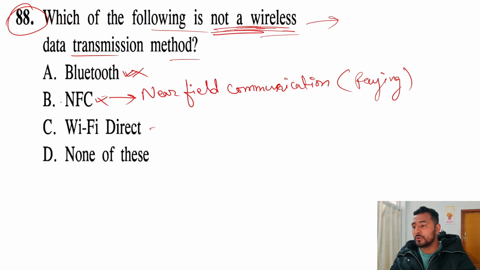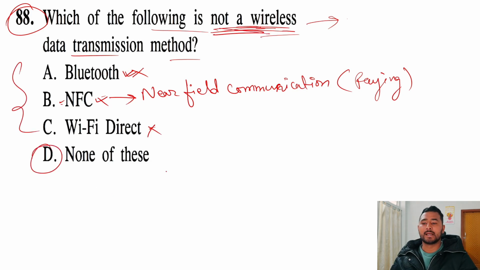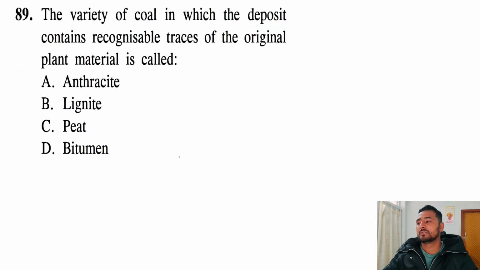When you tap and pay, we use NFC. And to share our files, we use Wi-Fi direct. So this is also wireless. They are asking not a wireless, so these three are wireless, which means option number D will be the correct answer. Let's go for the next.